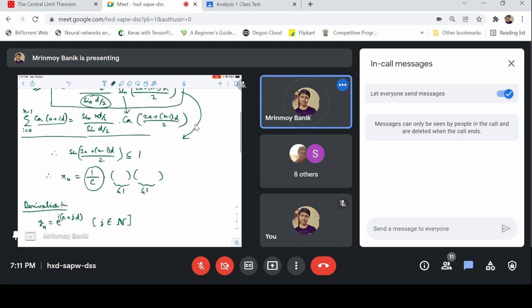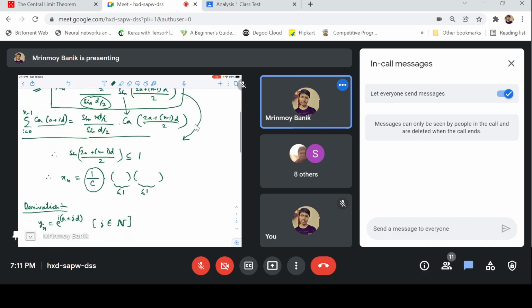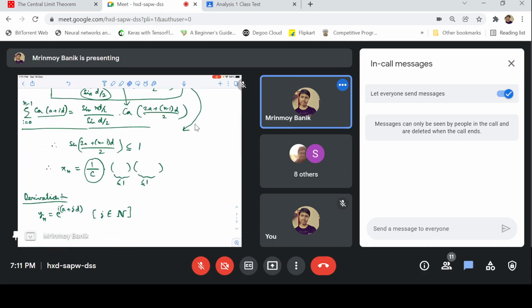Just a minute. So we can write xn equals the imaginary part of the sum, where j runs from 0 through n minus 1, of e power iota times (a plus jd).